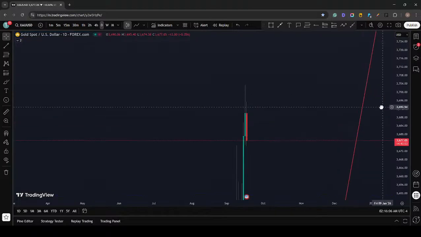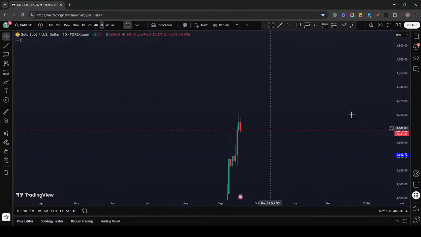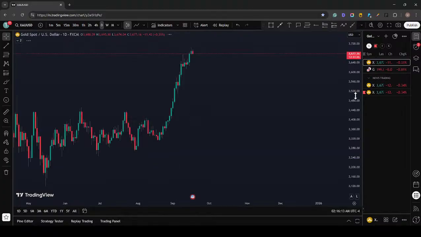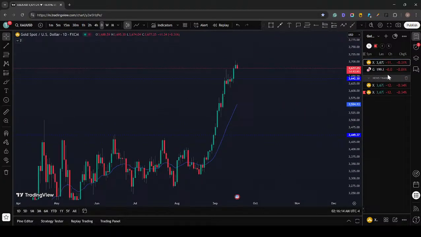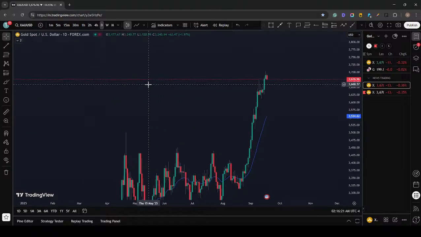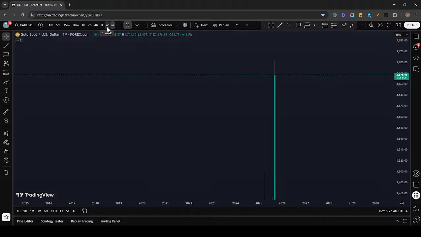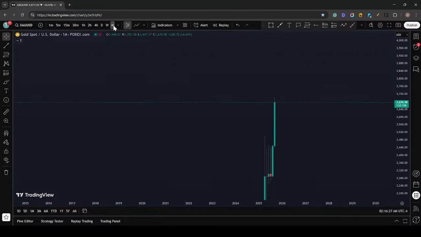So let's start our top down analysis. Let's start from the monthly time frame. Okay, let's use the forex.com or FXCM chart. You can use any. So let's start with our monthly time frame. Monthly is nothing, just straight up.